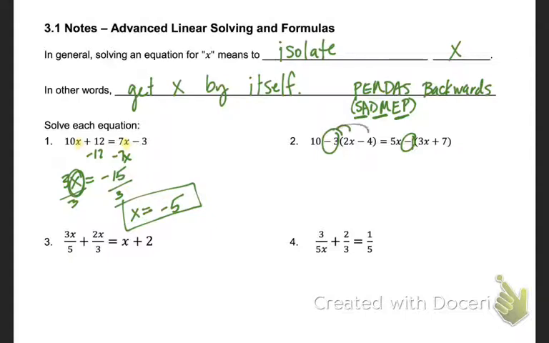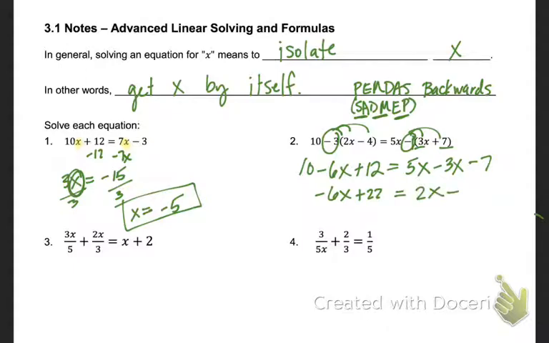If I distribute this, I have 10 minus 6x plus 12 equals 5x. If I'm multiplying by this -1 out in front, I now have minus 3x and I now have minus 7. So what that negative out in front has done is it's flipped the sign for the 3x and for the 7. Then I can combine like terms on each side, and then solve for x. So go ahead and do that.